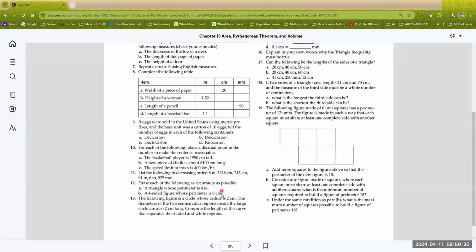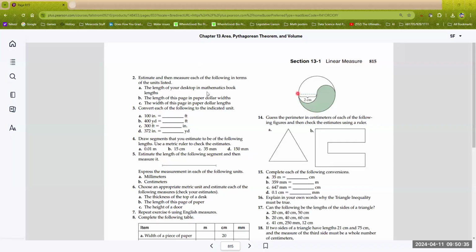So if you're computing the length of the curve that separates the shaded and the white, a good idea is to say, well, I need this piece right here, which is half of the smaller circle's circumference, and then the other piece right here, which is another half of the circumference, which means you really just need the circumference for the smaller circle.